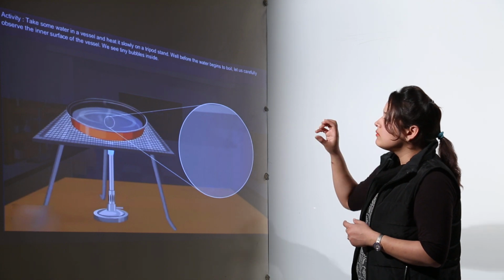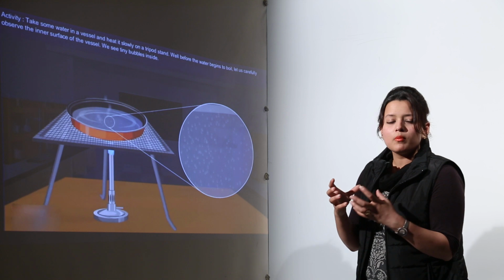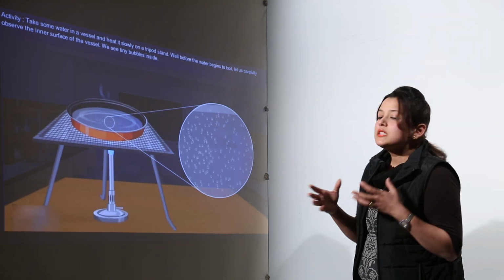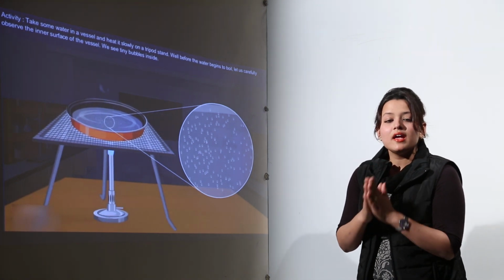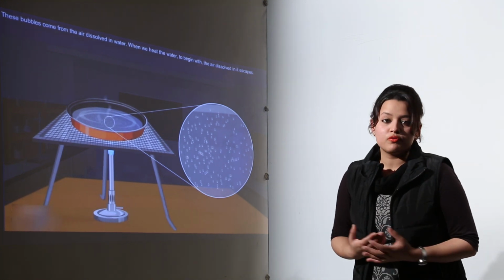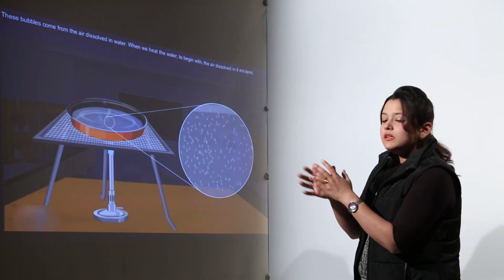On heating, before the water comes to a boil, you would find some bubbles on the inner side of the vessel like this. These bubbles show that air is always present in the water in dissolved form.